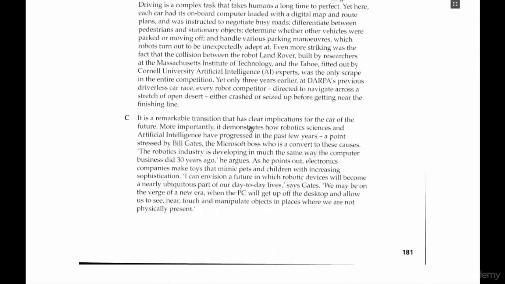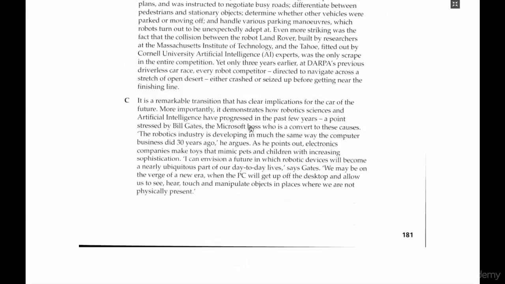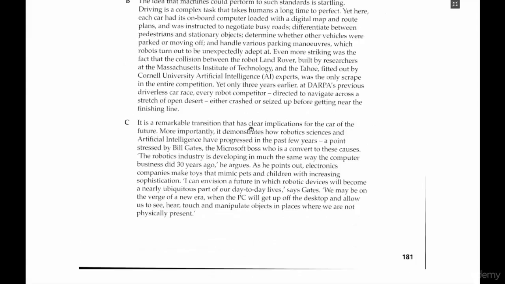Let's move on to C. It says, it is remarkable. It is a remarkable transition. There's clear implications for the car of the future. Okay, so this topic sentence, we can see it has implications for the car of the future. Right?